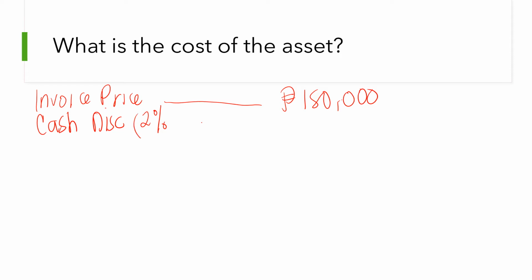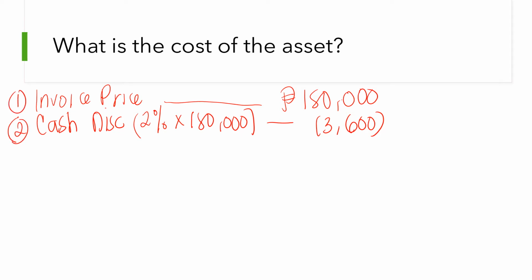So the discount is 2% multiplied by the invoice price of 180,000, so that will be 3,600. In addition, we also have the freight costs.